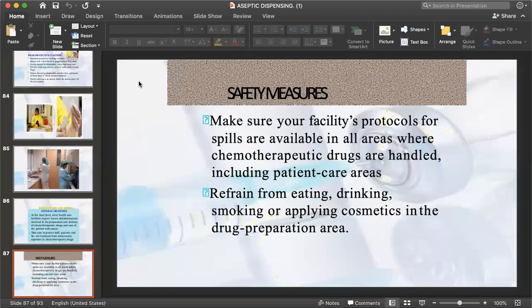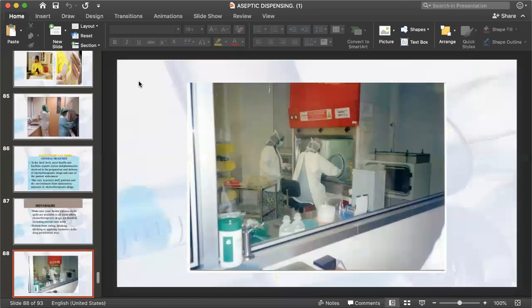Make sure your facility protocol for spills is available in all areas where chemotherapy drugs are handled, including patient care areas. In the drug preparation area, do not eat, drink, smoke, or apply cosmetics. You must adopt these safety measures.